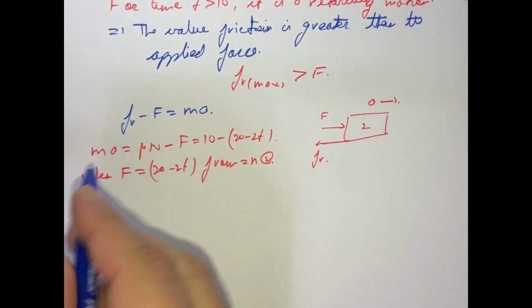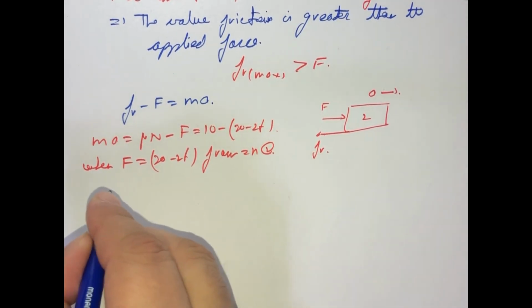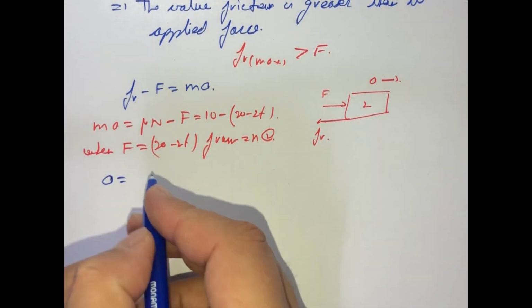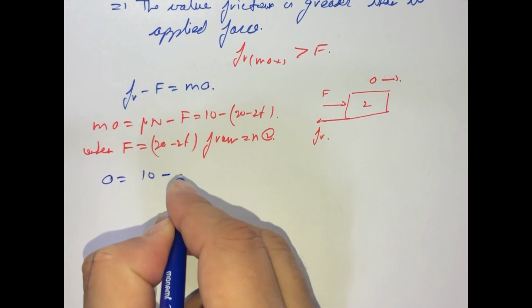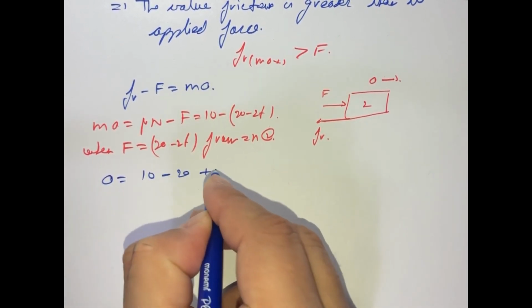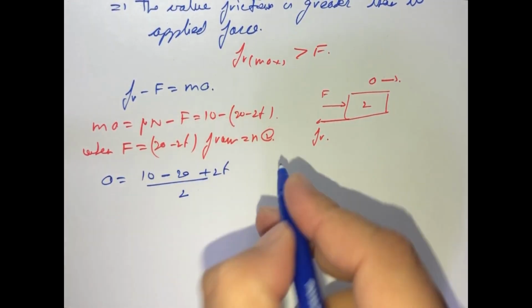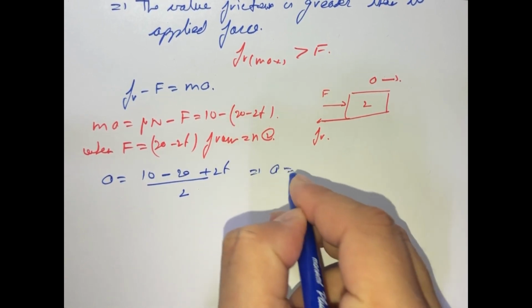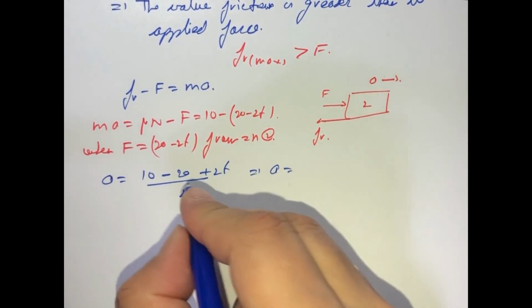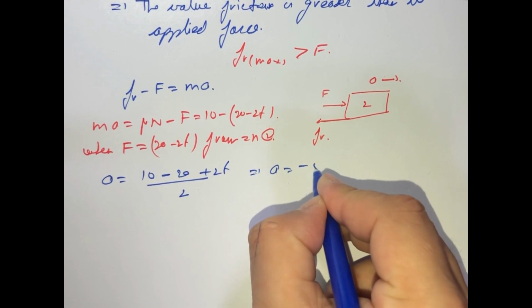So we can say that acceleration a will be equal to 10 minus 20 plus 2t divided by 2. Acceleration will be equal to minus 10 minus of 5 and plus t.